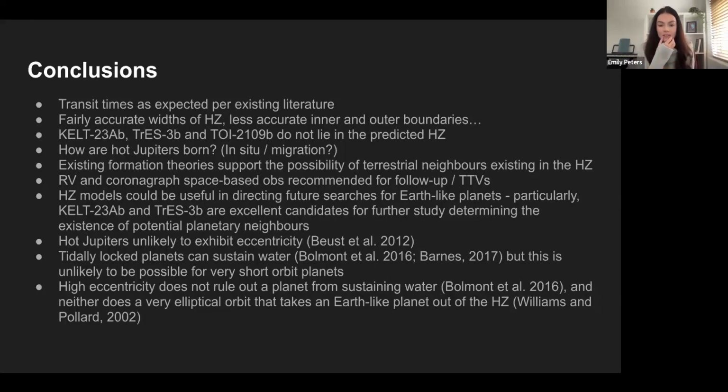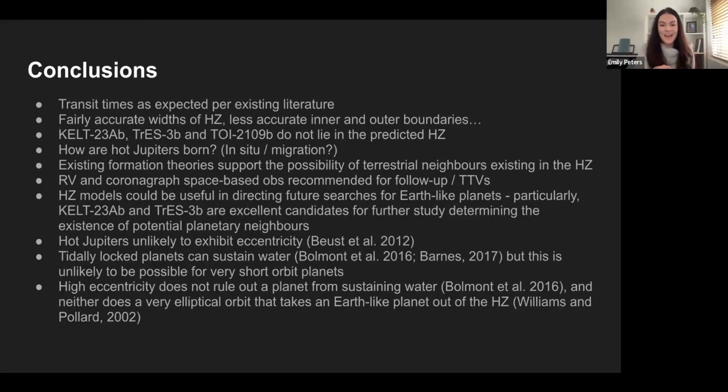Some other findings that were quite interesting: the eccentricity of an orbit may not actually exclude a planet from being habitable. So even if a planet was to swing in and out of the habitable zone, providing it's not too wild, this could still be conducive for supporting life.